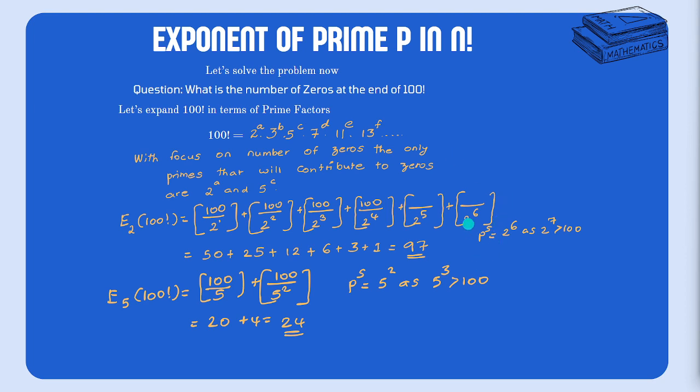As we know, 25 is less than 100, but 125 is greater than 100. When we sub all the values in, we get 100 over 5 plus 100 over 5 squared, which gives us 20 plus 4, which is 24. Thus, the exponent of 5 in 100 factorial will be 24.